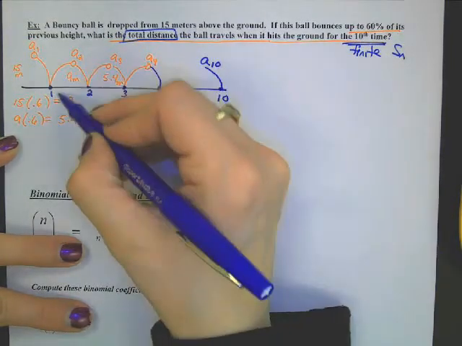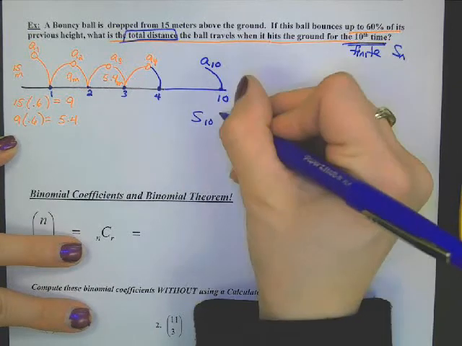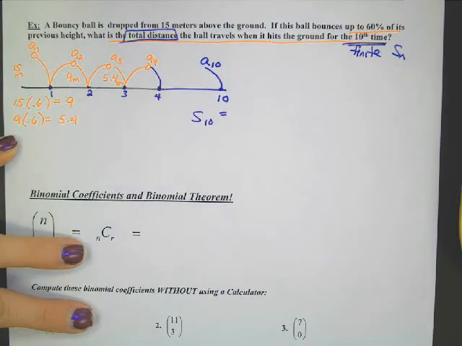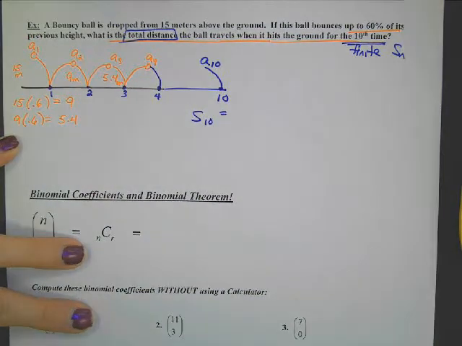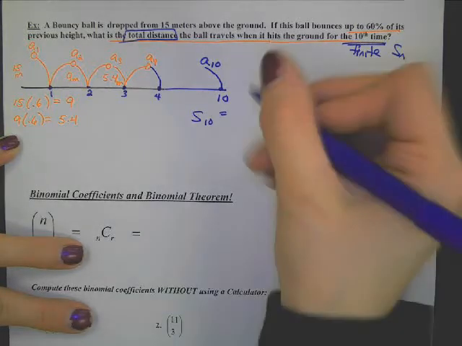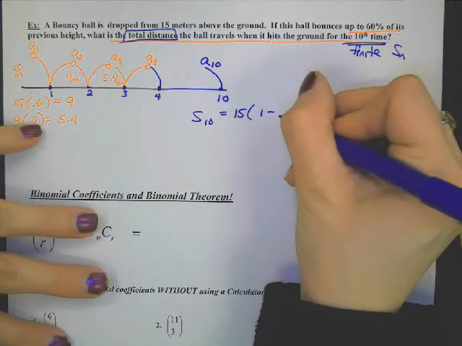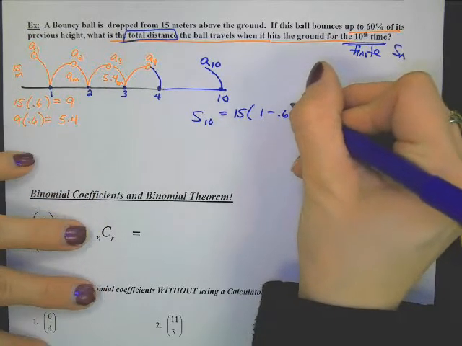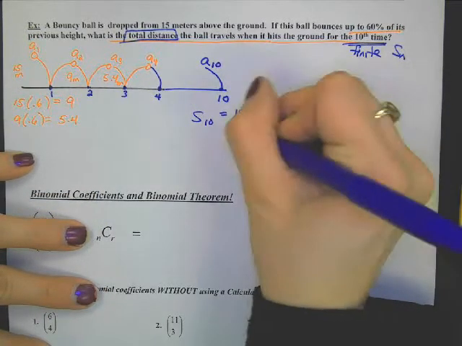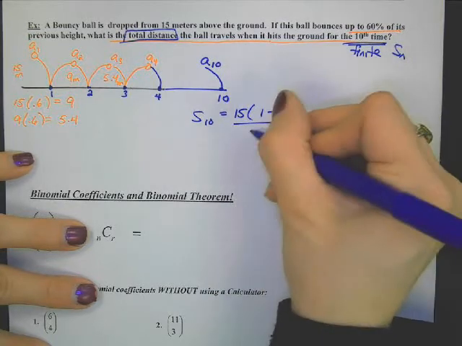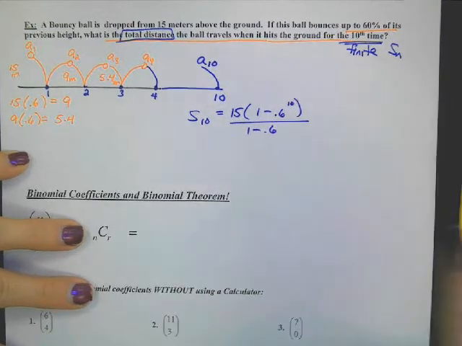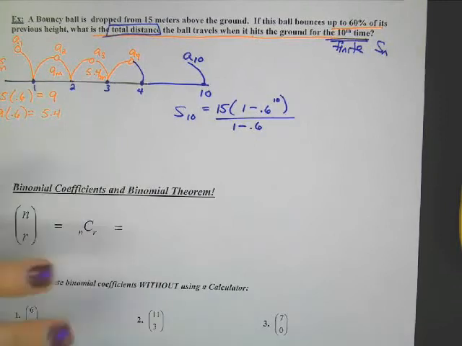We're going to add up A1, A2, A3, A4, all the way to A sub 10. Geometric sum formula starts with A sub 1, which is 15, times 1 minus r, which is 0.6, to the n power. That's a 10. Then divide by 1 minus 0.6. So the sum of those 10.